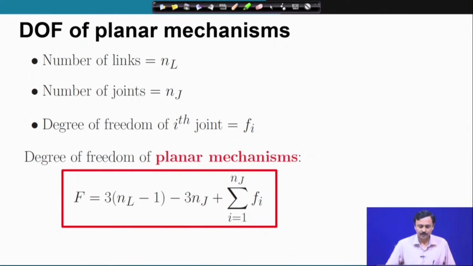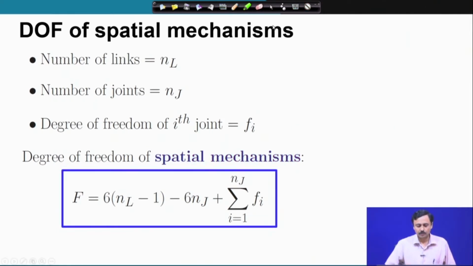So, this is for the planar mechanism, where I would like to point out that here for a planar mechanism we have 3, because in a plane every rigid body has 3 degrees of freedom. On the other hand, when we go to spatial mechanisms, we have 6 degrees of freedom. So, this number becomes 6.